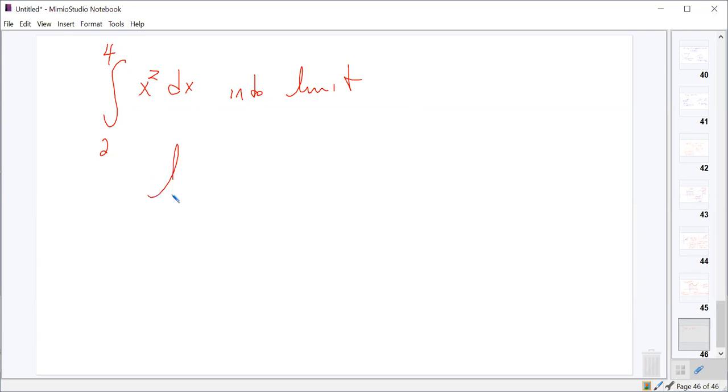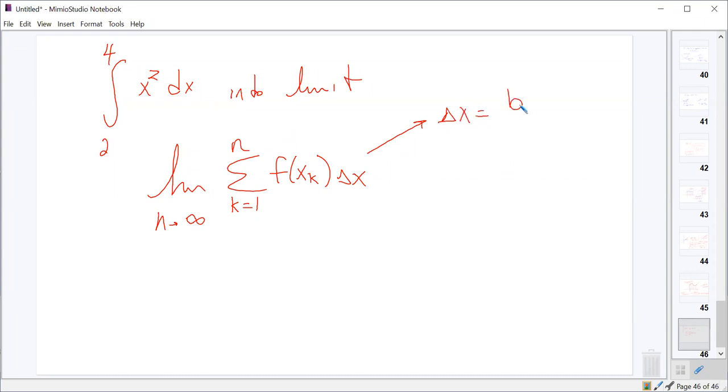So we should know that it always is the limit as n approaches infinity of the sum from k equals 1 to n of f of x sub k delta x. Okay? Where delta x is equal to the length of the subinterval. So delta x is always equal to b minus a over n.